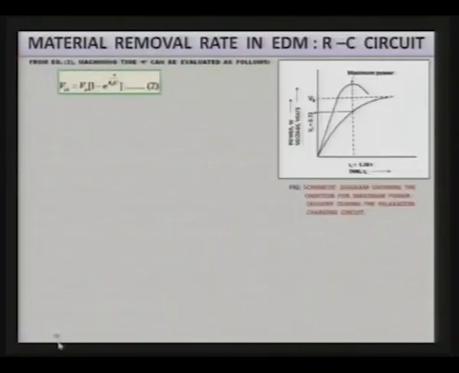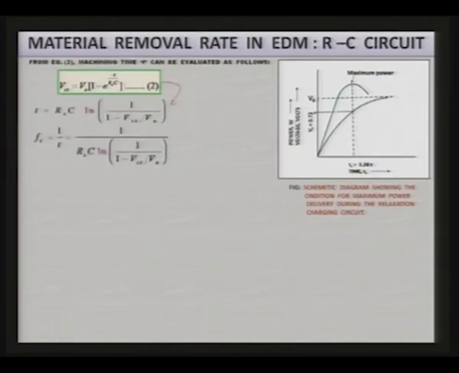We already know V c t is equal to V 0 multiplied by 1 minus e raised to power minus t over R C. From this equation we can arrive at T is equal to R C ln of 1 over 1 minus V c t over V 0.